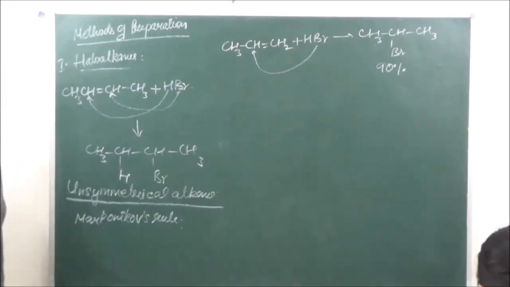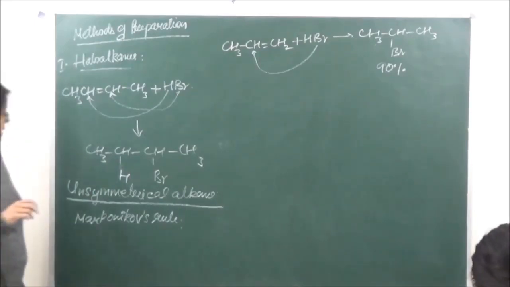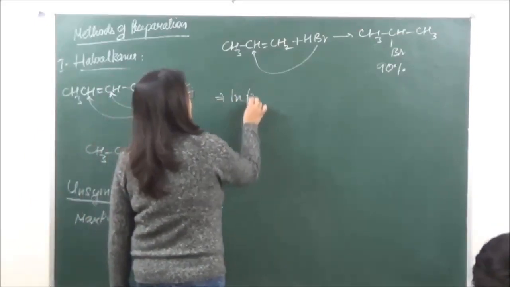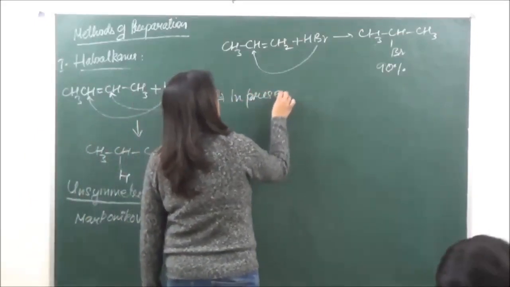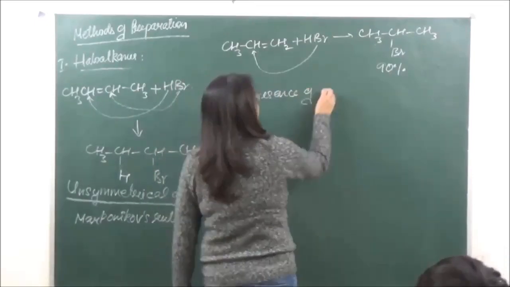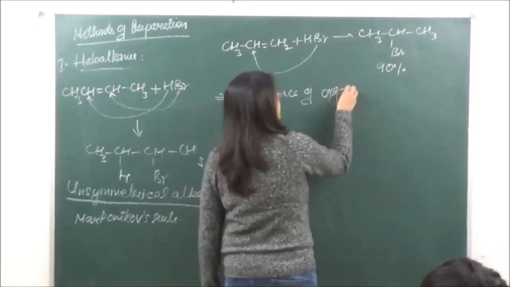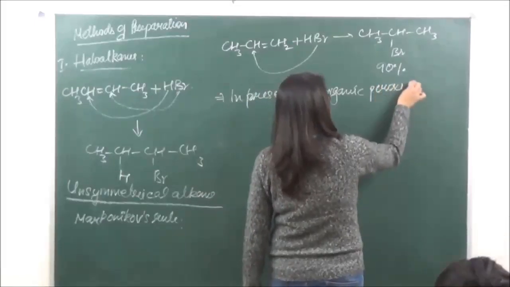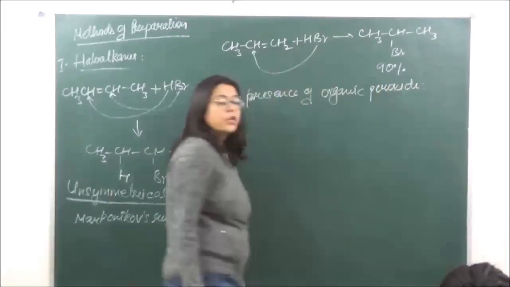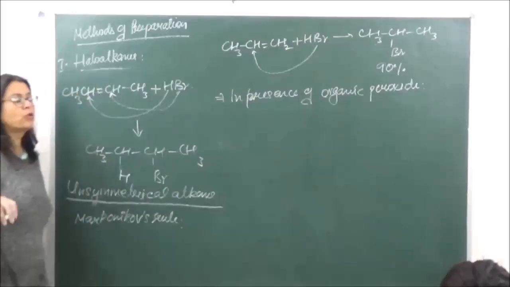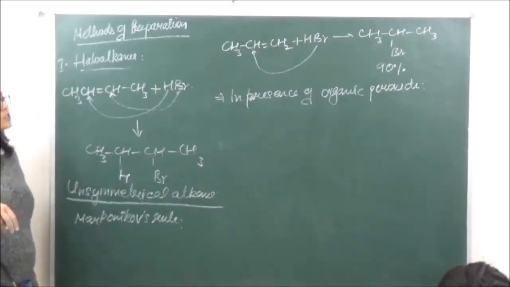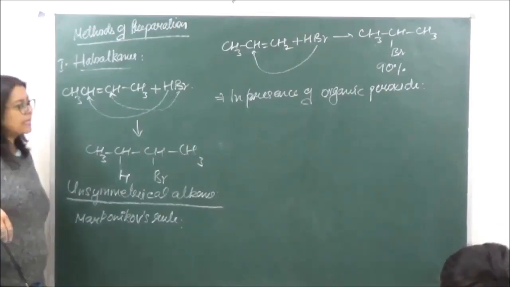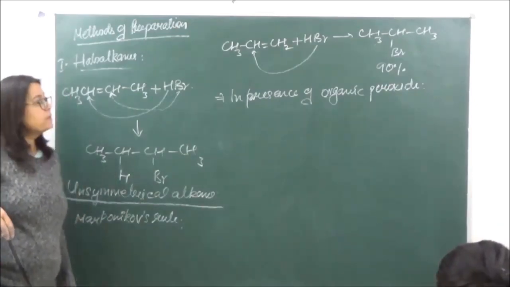Then if we have an organic peroxide, so we say that in presence of organic peroxide, the anti-Markovnikov's rule is going to be followed. Right? So what do we call the anti-Markovnikov's rule? We also call it the peroxide effect, and we also call it the Kharasch effect.